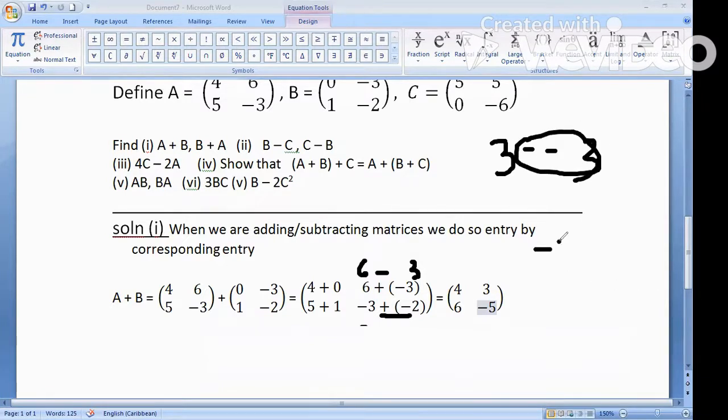But if I have -3 plus 6, the signs are not together. So we use Mr. Brown: you owe Mr. Brown $3, and your mother gives $6, so you're going to have money left. But signs are together here, so 2 negatives give you a positive. We're good?